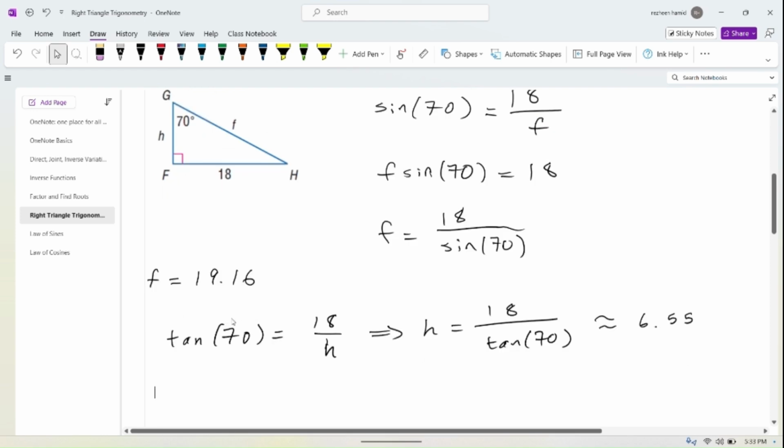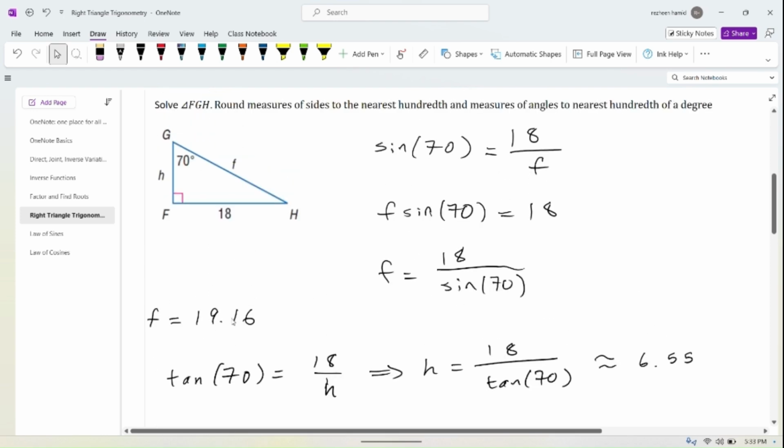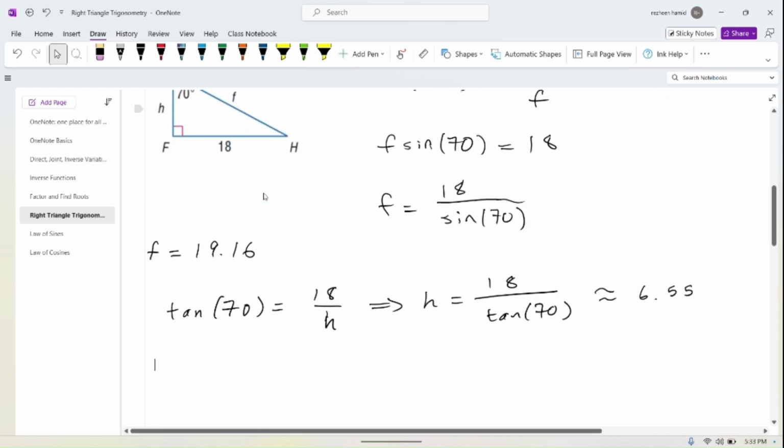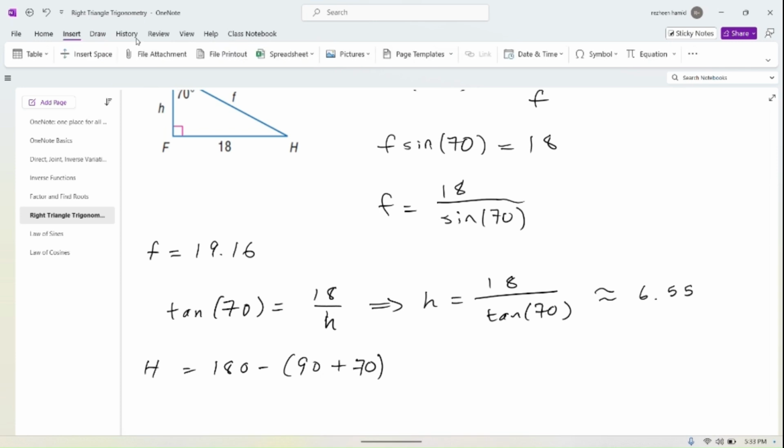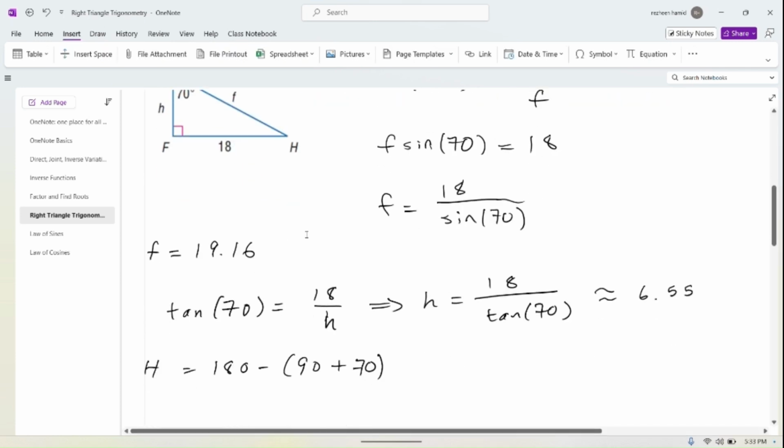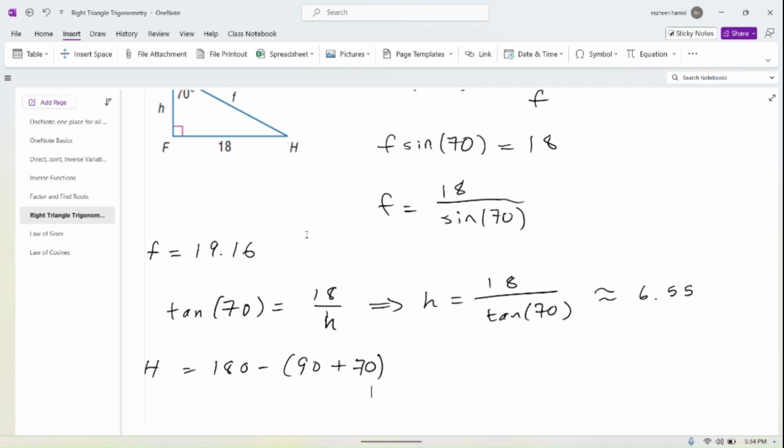Now for capital H, which we can find rather quickly. H equals 180 minus 90 plus 70. We already know the angle at F is 90 degrees, it's a right angle, and the angle at G is 70 degrees. The sum of the angles of a triangle equals 180 degrees, so subtract those two numbers from 180.